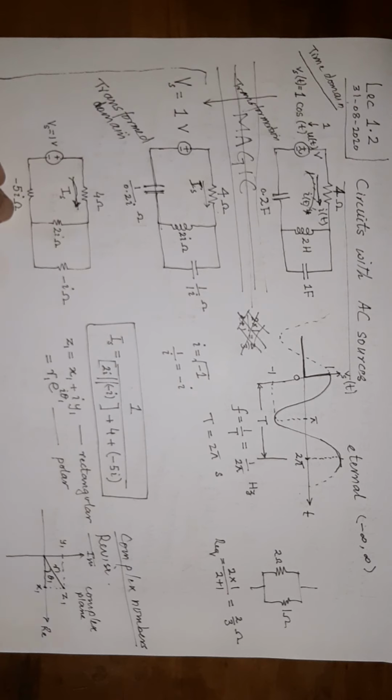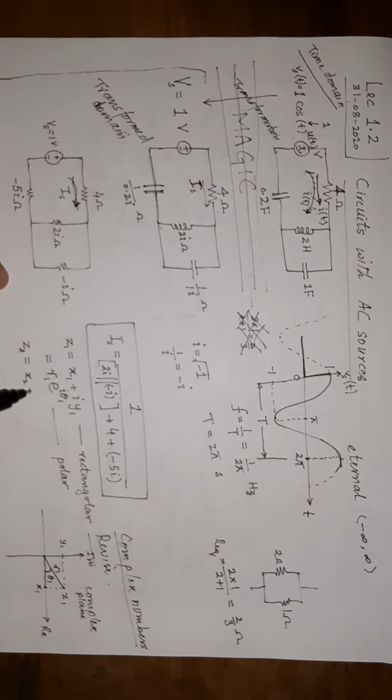These are the two forms in which we represent and show the complex numbers. So this is how a complex number is. The other thing we want to know is, suppose we have another complex number x2 plus iota y2, which can also be written as some r2 e raised to the power iota theta 2.